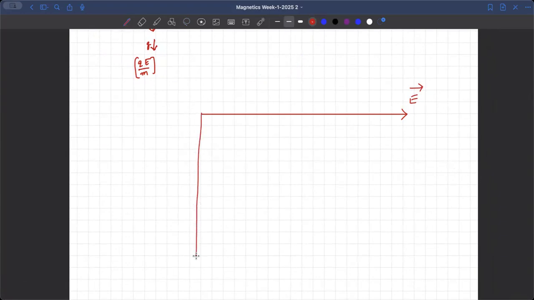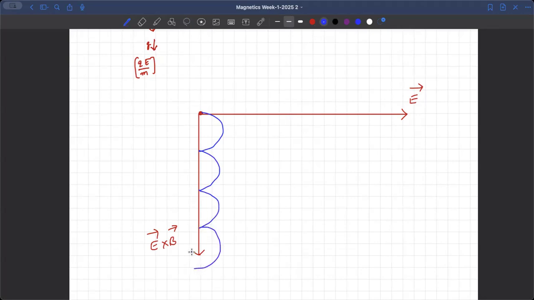The next thing you need to identify is the E bar cross B bar direction. And if a charged particle is released here, it will follow a cycloid path like this. This is the cycloid path.